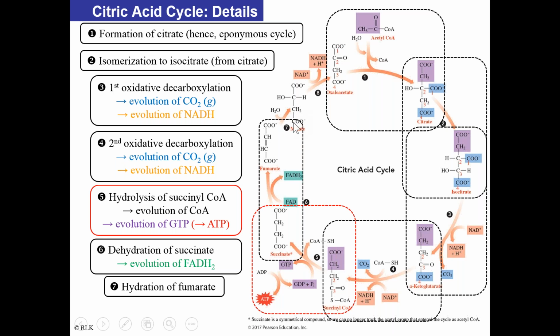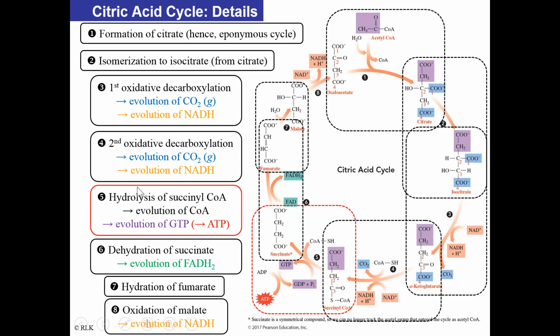And you still have 1, 2, 3, 4 carbons. The carbons didn't change as you go from fumarate to malate. But now you opened up, you still have the carboxylates there, but you have a reduced environment that has the alcohol group. And then you have the oxidation of malate, and subsequently that will lead to the evolution of NADH. And then the whole cycle just continues again.